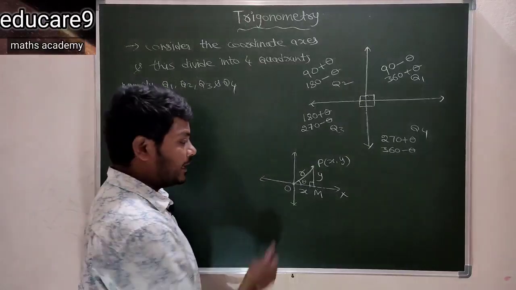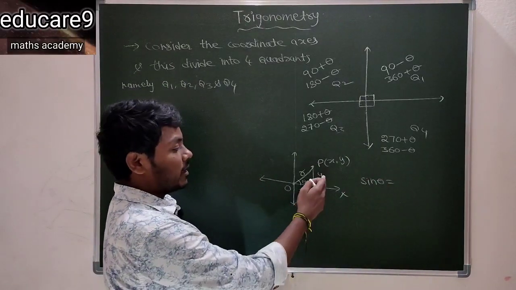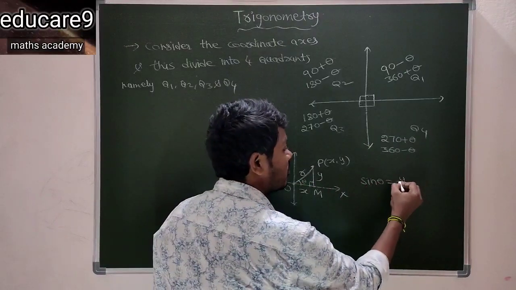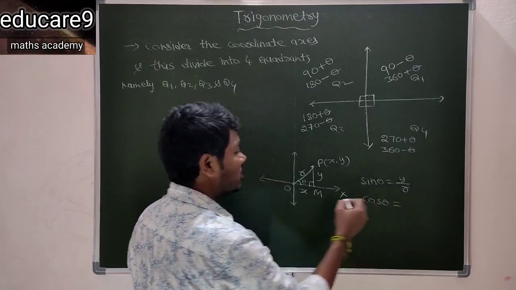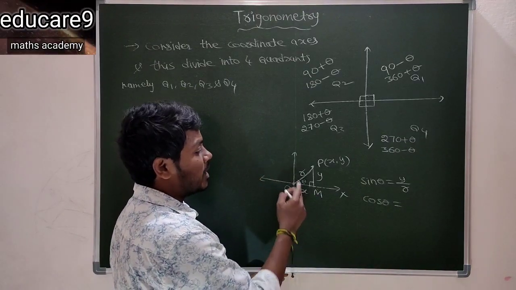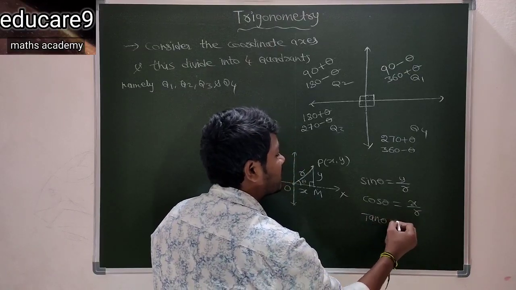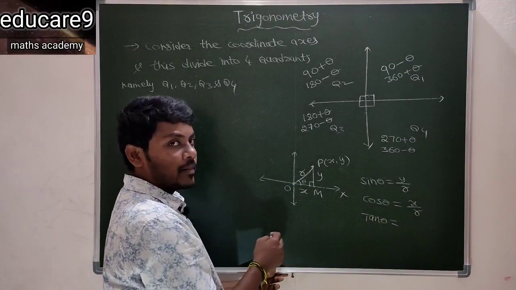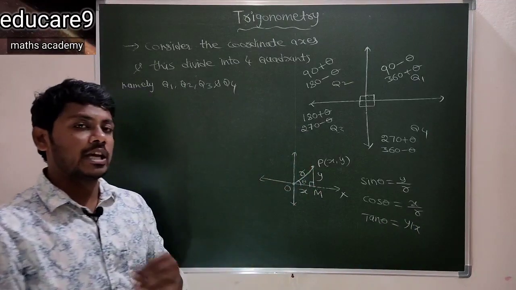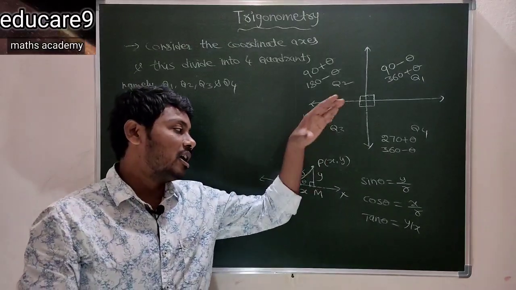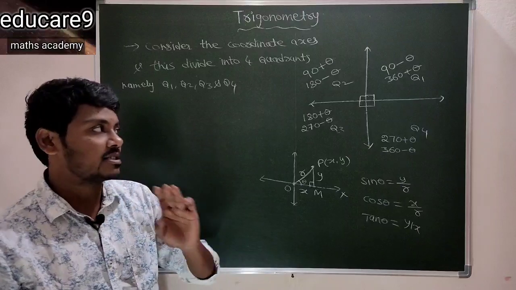Now find sin theta here. Opposite side, that is y, hypotenuse r, y by r positive, and cos theta. Cos theta is what? Adjacent side by hypotenuse, that is x by r, and tan theta is opposite side by adjacent side, that is y by x. So similarly cosec, sec, cot, all 6 trigonometric ratios have positive signs.